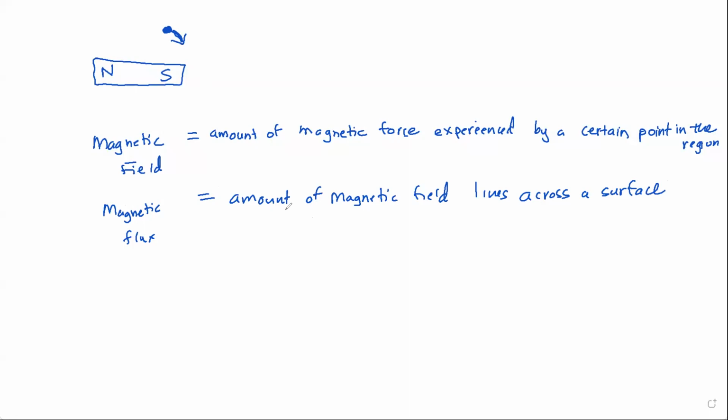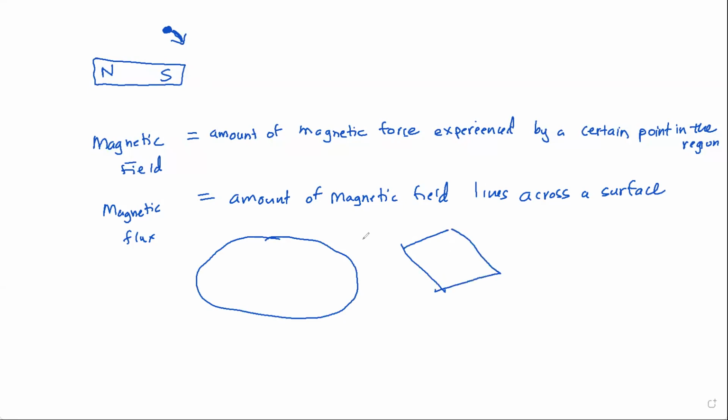So we can define a certain surface, and we can compute the amount of magnetic field lines across that surface. It could be an open surface, a rectangular open surface like a plane.